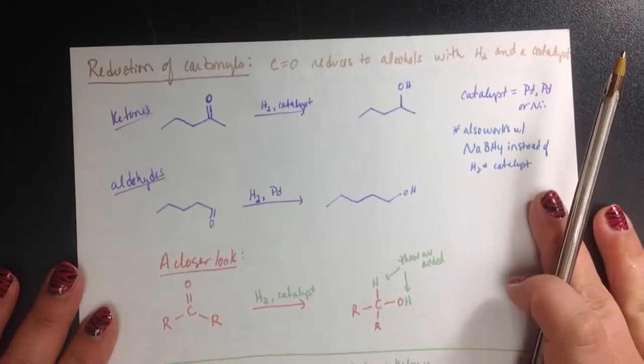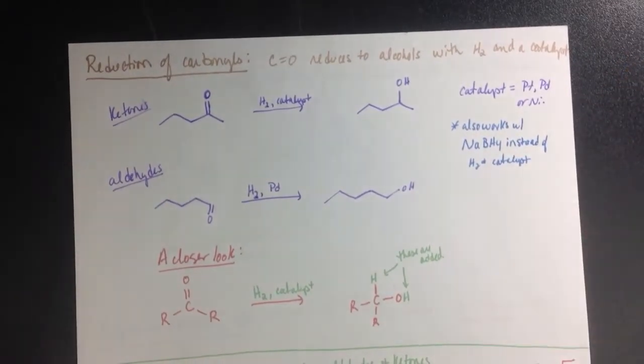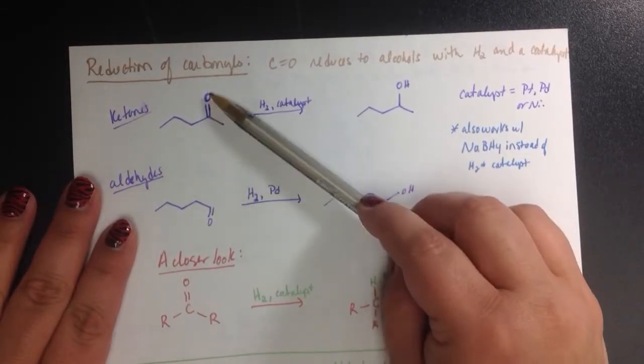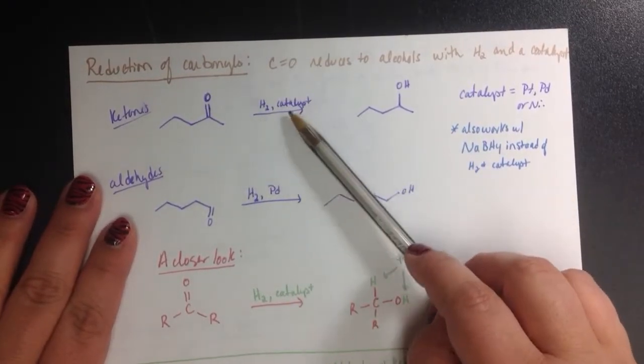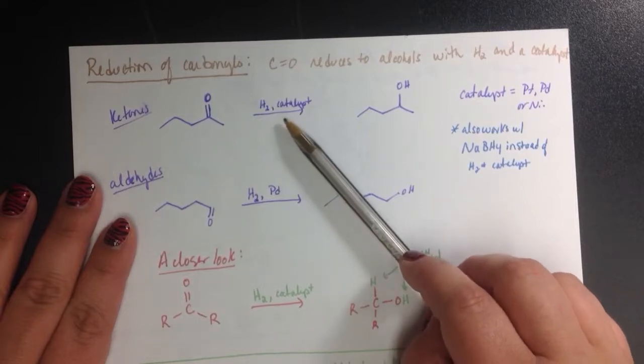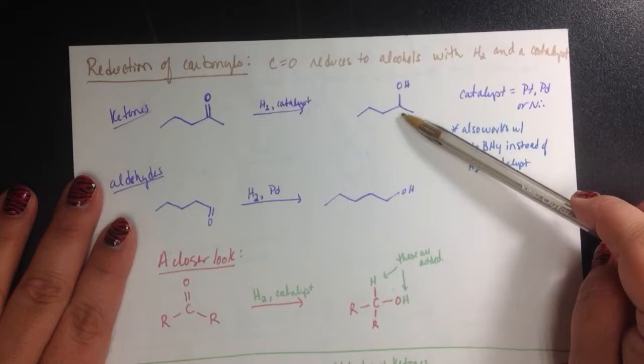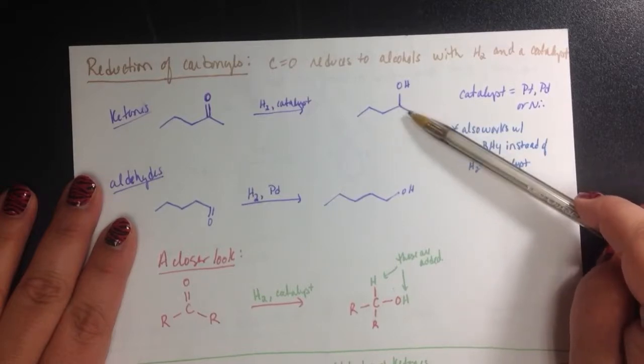Just as a reminder, this is just the same thing we did on the last page. We've seen this before too, I think. If you have a C-double-O bond and you add an H2 catalyst, this is the same thing as a reduction. The hydrogen's going here and here, so you'll get that secondary alcohol.